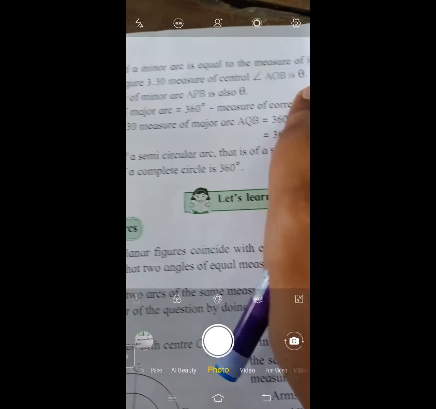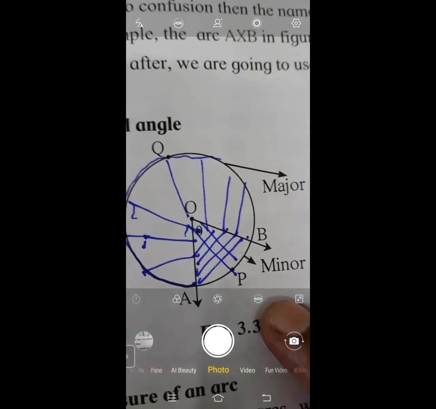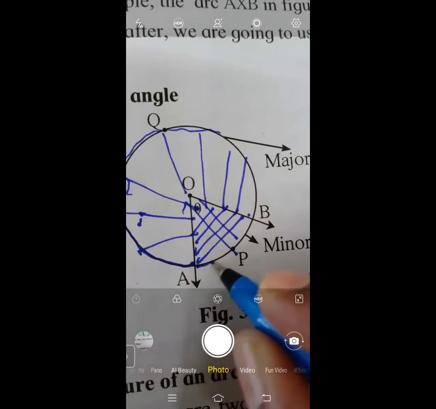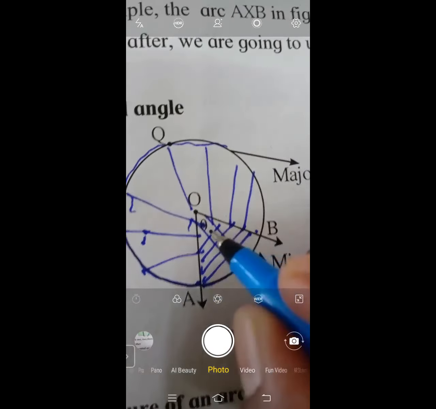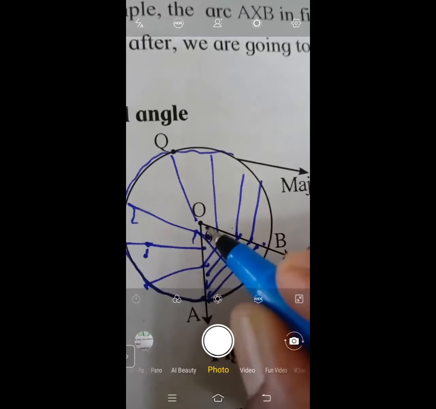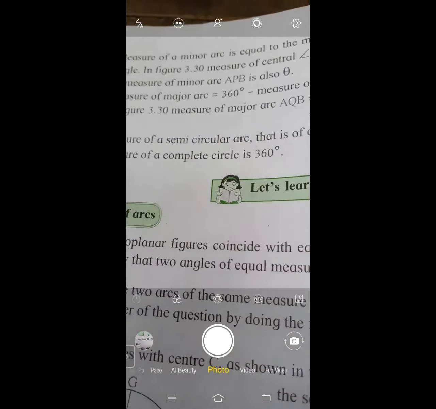We have a straightforward formula: the measure of the minor arc equals the measure of this angle. As it is given as theta, the measure of the minor arc APB is also theta.